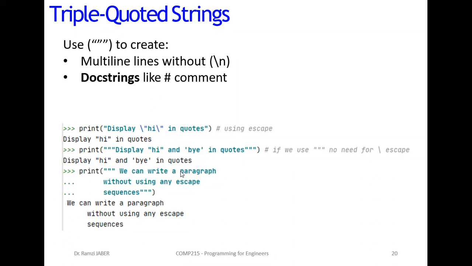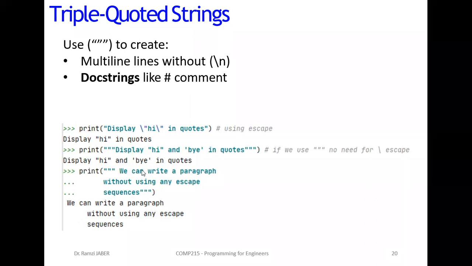Now we can use it like this: double quotation, triple quotation here. Here, we can write a paragraph and use your keyboard's enter and tab without using any escape sequence. No need here to use \n. The output will be spaced by line.